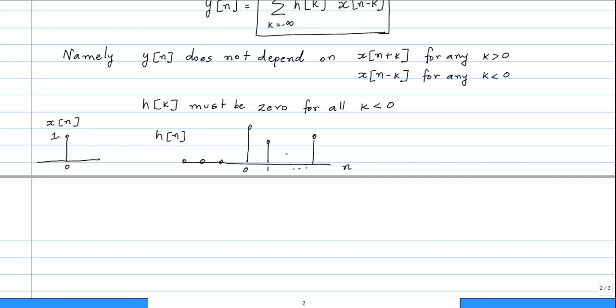Any value of the output for negative values of time cannot be affected by x of 0. And since the impulse response is the response of the system to a unit impulse, it makes sense to say that an impulse input signal can only cause a right-sided signal as the output, or equivalently the impulse response has to be a right-sided signal.